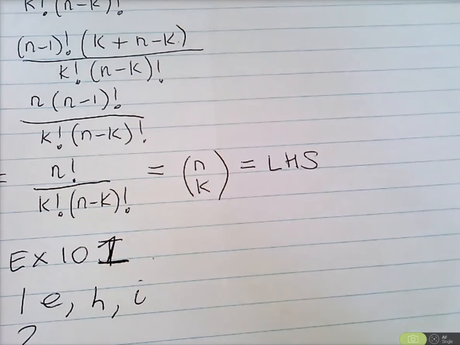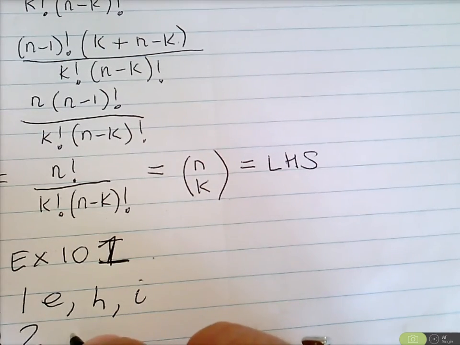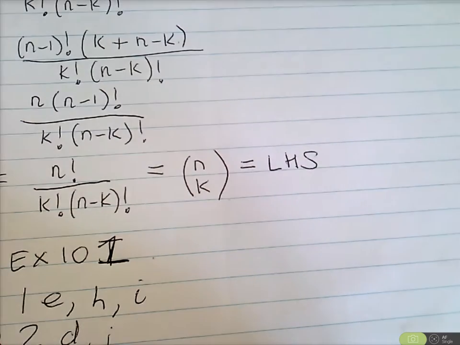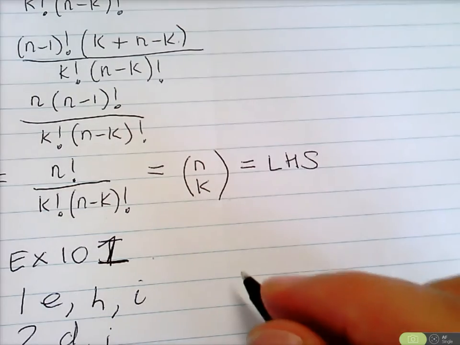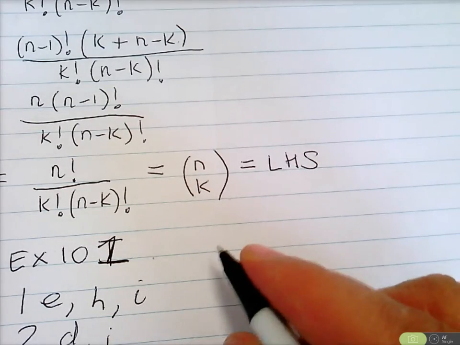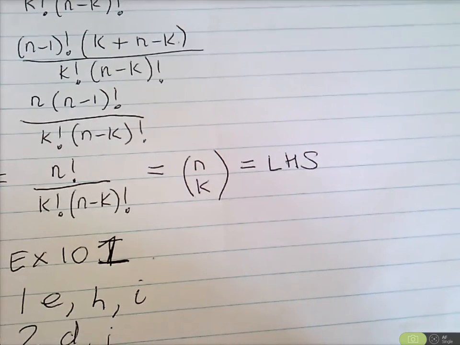Can you just do 2? They're easy. D and J. Question 3, I did A and I. You can do question 3, A and I. I'll just do one of each. Why don't you do, and you're showing, which means you're proving, do D and J.